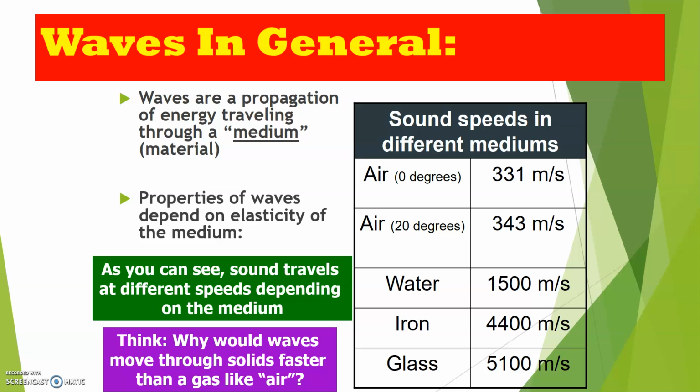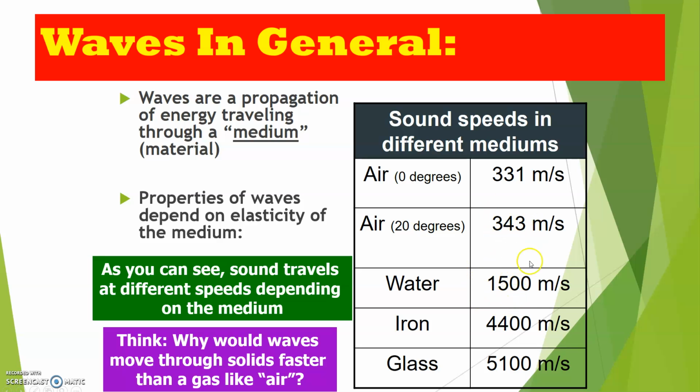Now, that is not always 100% true, but that's a good general rule. If you can see, air at 0 degrees is 331. Air at room temperature, 20 degrees Celsius, is about 343. So, that's a good round number to get the speed of sound. That's 740 miles per hour. That is the speed of sound in air.